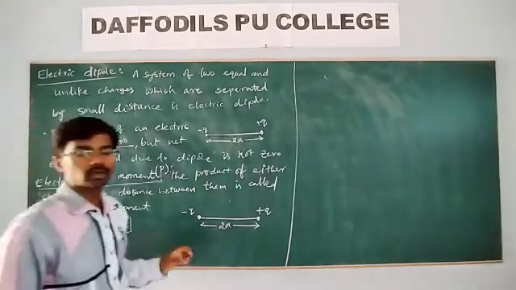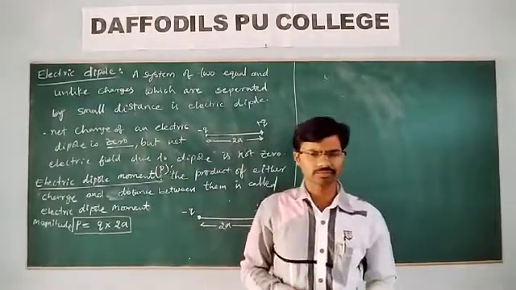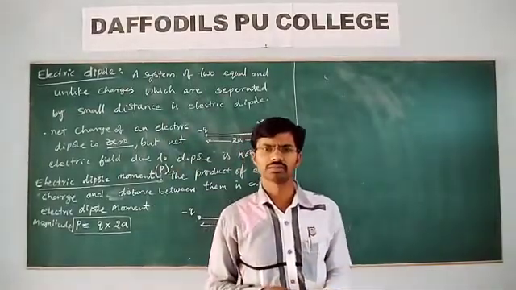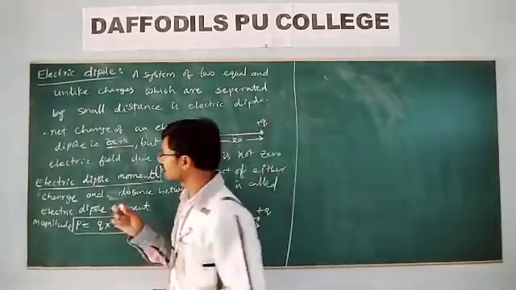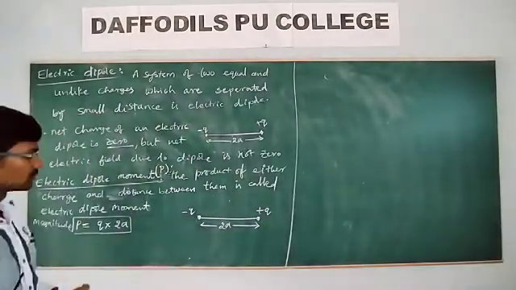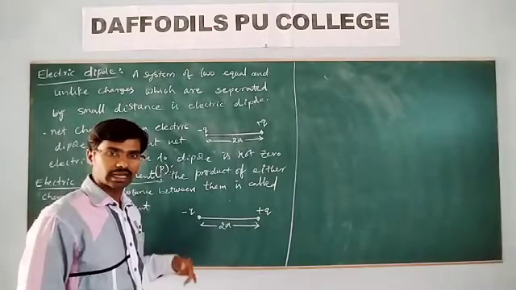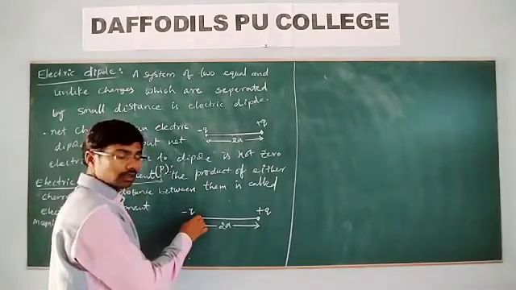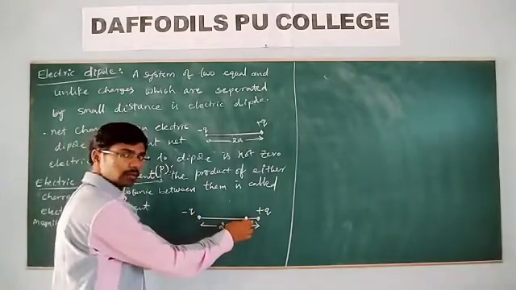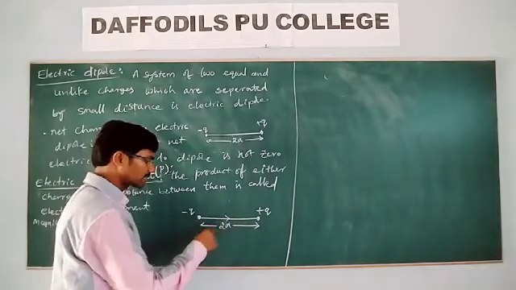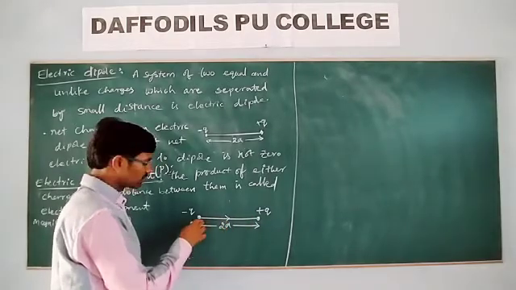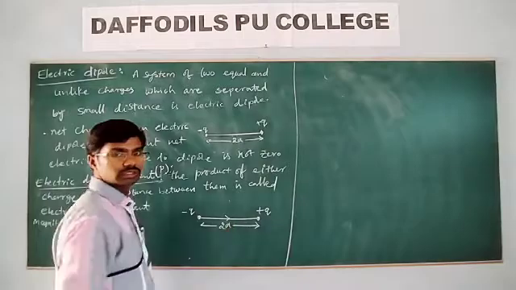And one more thing: is it a vector or scalar? Electric dipole moment is a vector. If it is a vector, what will be the direction of this electric dipole moment? You can see that the direction of the electric dipole moment is from negative charge to the positive charge.